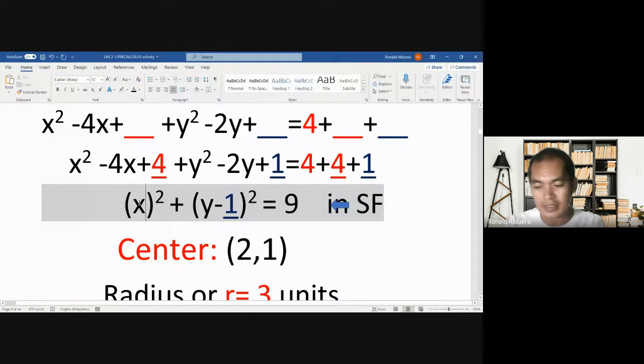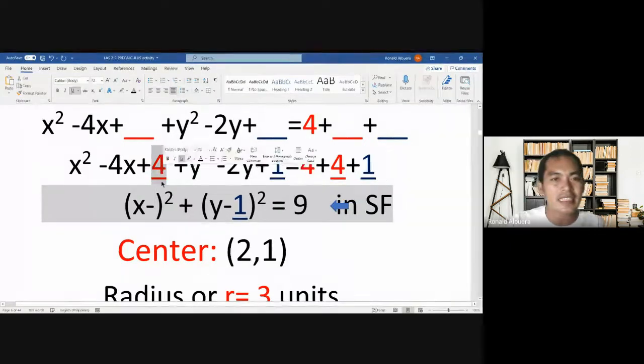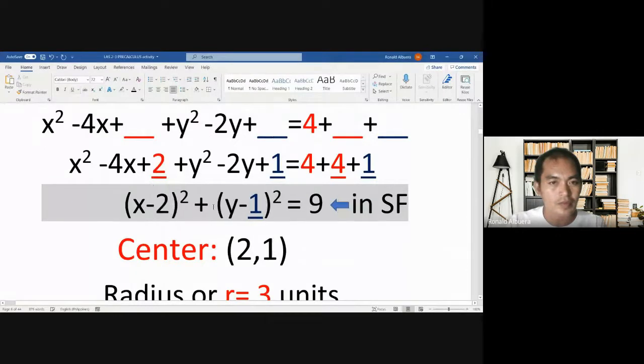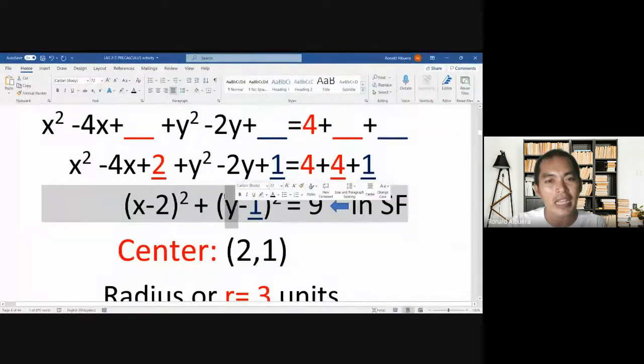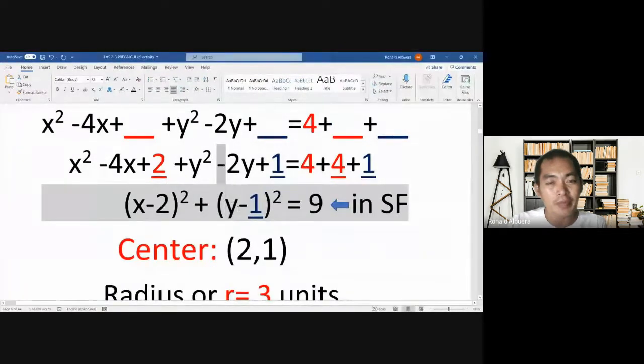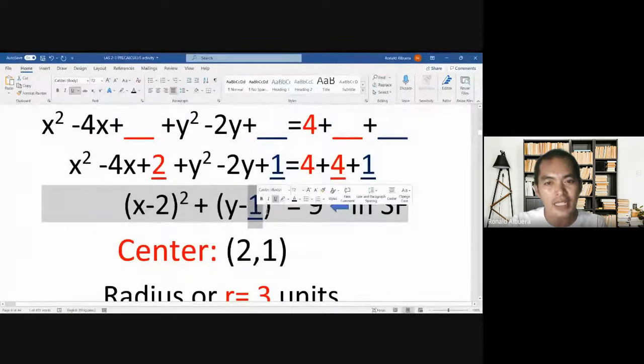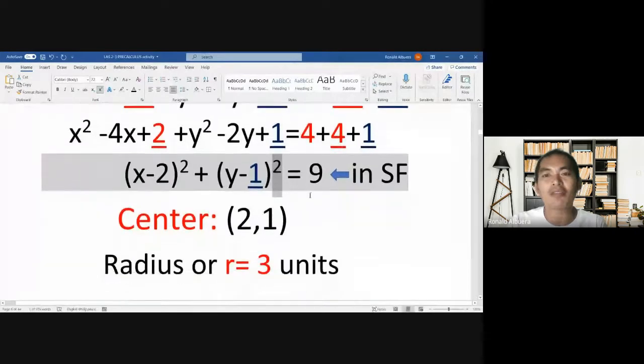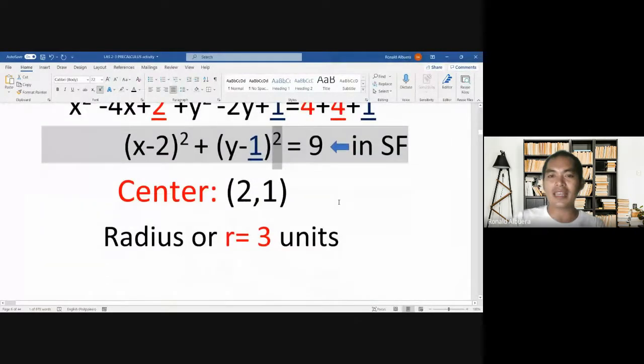Okay, so negative. Then get the square root of 4, which is 2. Same with y. Make an open parenthesis, get the square root of y squared, which is y, copy the sign of the middle term, which is negative. Square root of 1 is 1. Close parenthesis, then put square. Equals 9. That's in standard form.